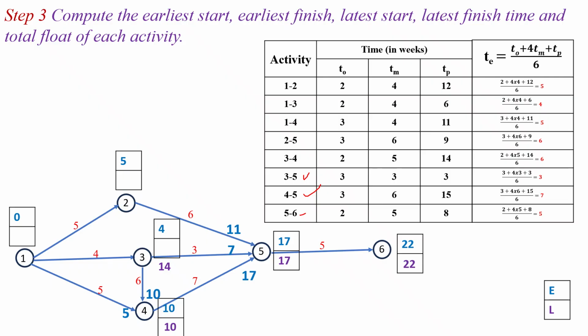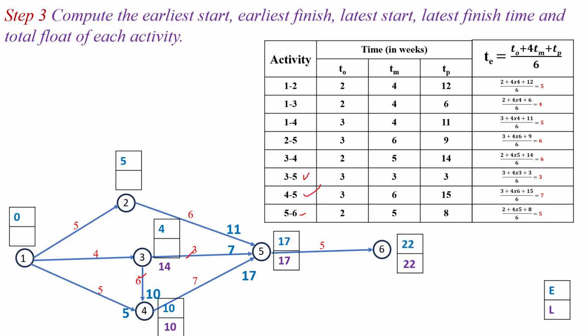So here event 3 is the burst event for the activities 3 to 5 and the 3 to 4. So in the backward pass method, latest start time for the burst event we have to consider the minimum time. So latest start time at the event 3 is the minimum latest start time of the activities 3 to 5 and 3 to 4.